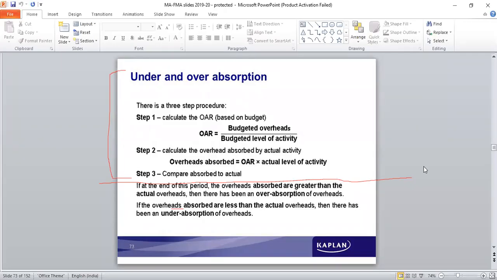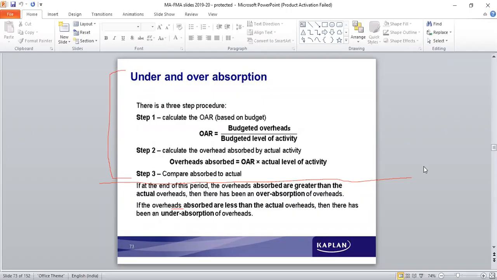The amount charged to all the products, when you add it up and compare it with the actual overhead spent, if there is a difference, that is on account of under absorption or over absorption.